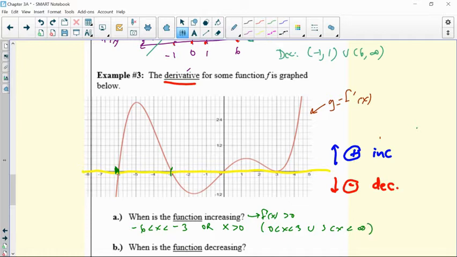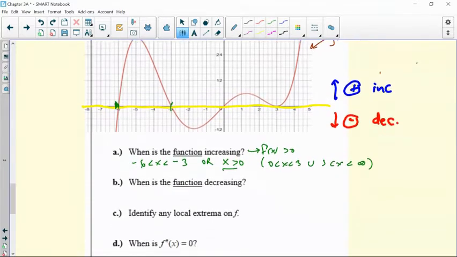That's fine too, but most likely you'd see it the first way, because technically you are still increasing. When is it decreasing? From -6 to negative infinity. So you could say x is less than -6, or between -5 and 0.